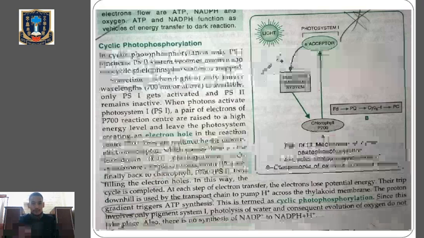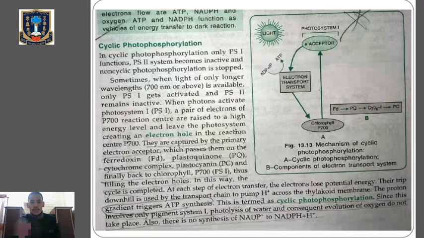Now, cyclic photophosphorylation only involves PS1, photosystem 1. I'm telling you that cyclic photophosphorylation only involves photosystem 1. In this case PS2 becomes non-functional. Only PS1 is involved in cyclic photophosphorylation. Clear?